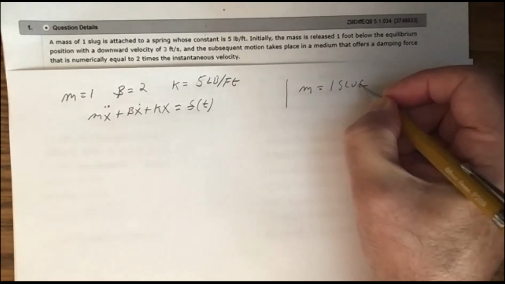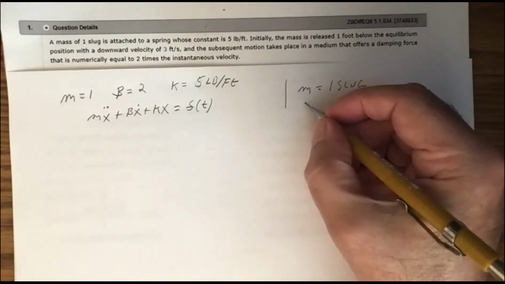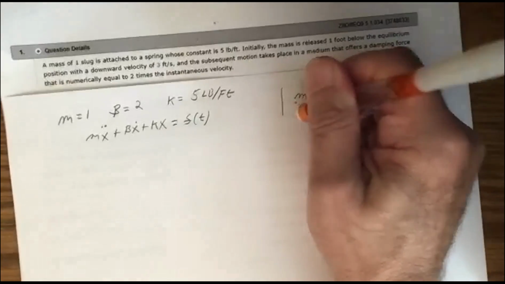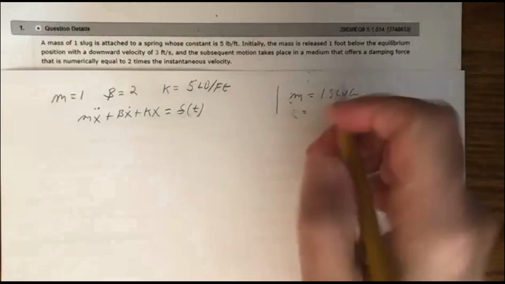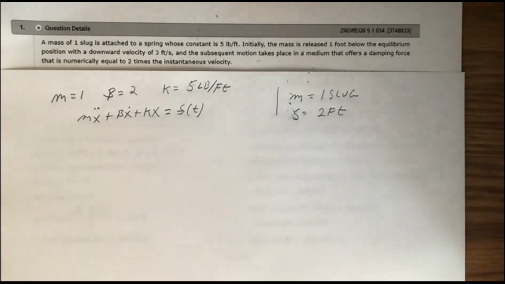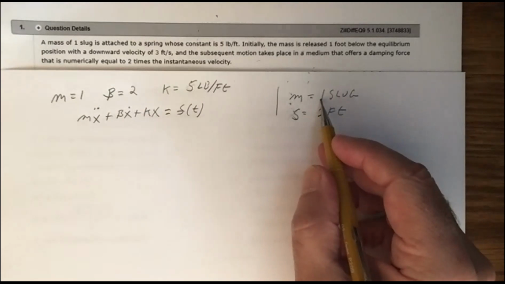you have a mass of one slug, and it stretches a spring 2 feet. So in other words, our S, I think we use S when we stretch, when we stretch the spring 2 feet, what's the spring constant? Now here we're given the mass, we're not given the weight.